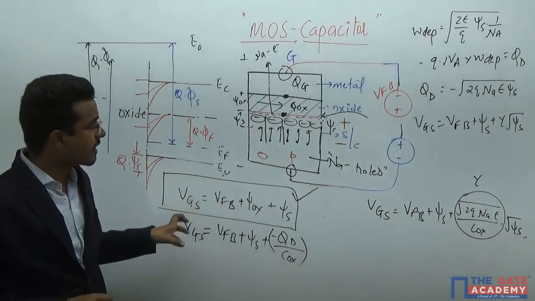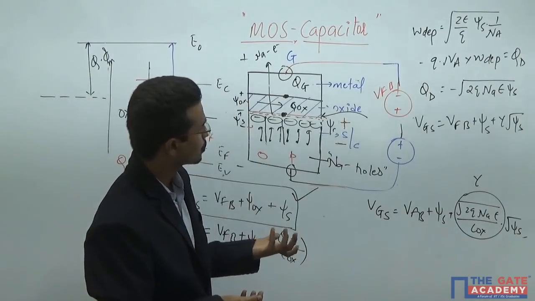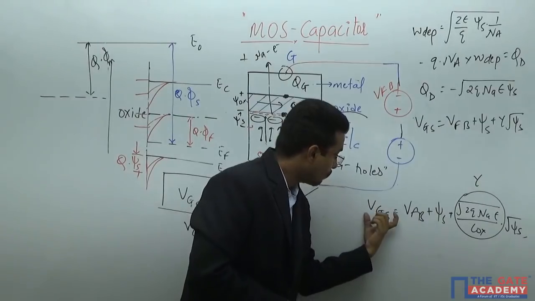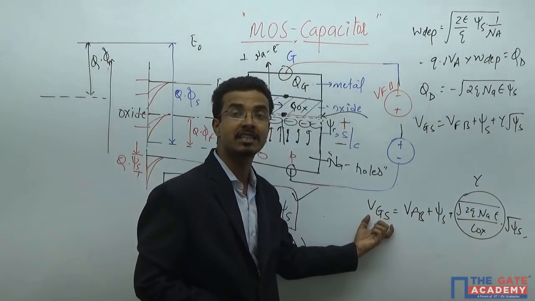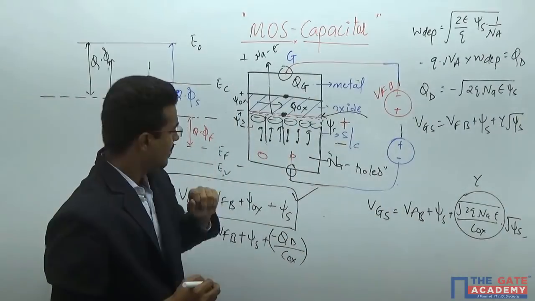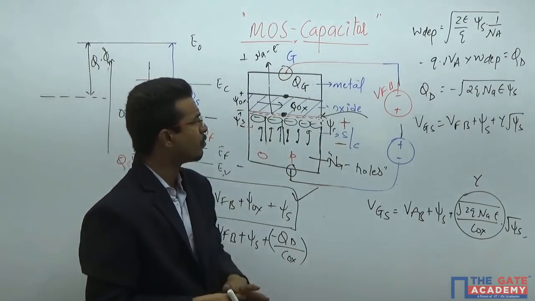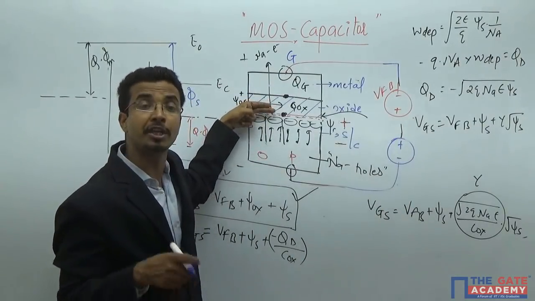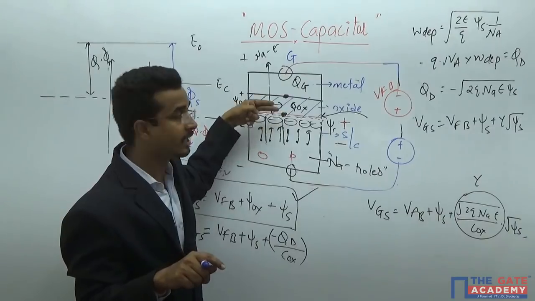In this derivation, I am just trying to show you how you get the voltage expression, that means how you can estimate the effect of this voltage in the device. Now, you are interested in how much voltage is required to get a sufficient amount of inversion charges here.